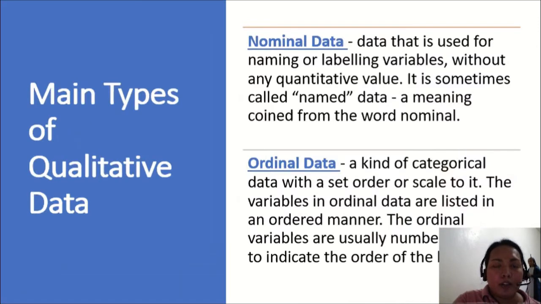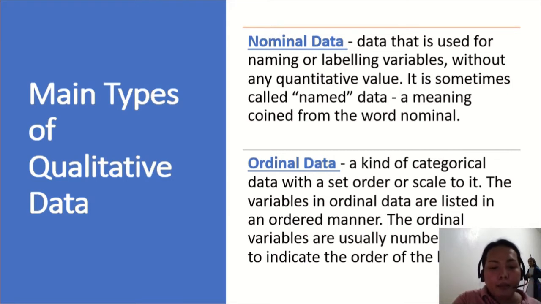There are two main types of qualitative data. So first is the nominal data and second would be the ordinal data. Nominal data is defined as data that is used for naming or labeling variables without any quantitative value.